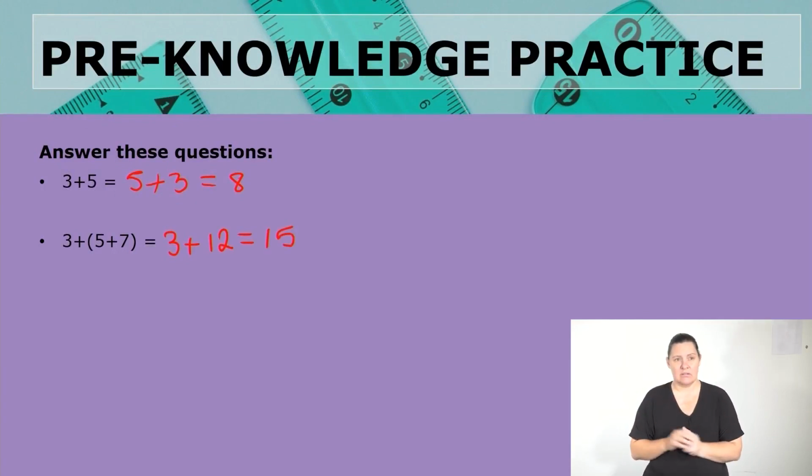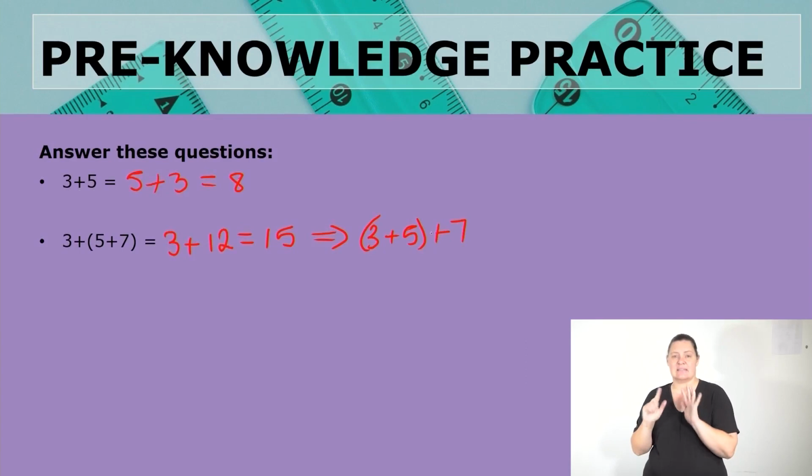What we can also do is associate the 3 and the 5 together. So this would be the 3 plus 5 first, and then you add the 7 after that. So 3 plus 5, we just calculated above, is 8. 8 plus 7 still gives us 15. We are getting to the same answer.